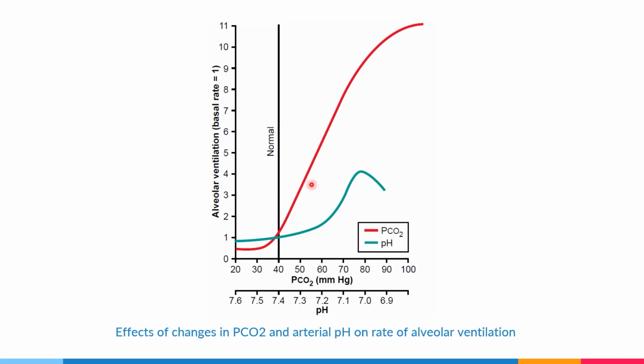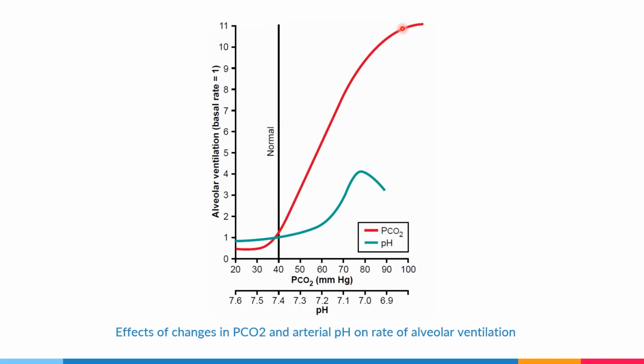the very marked increase in ventilation caused by increasing PCO2 beyond the normal level. The normal level is given here in black, and just as we cross the normal level of PCO2, we see a sharp increase in alveolar ventilation.